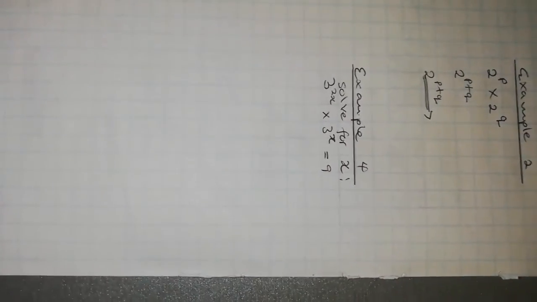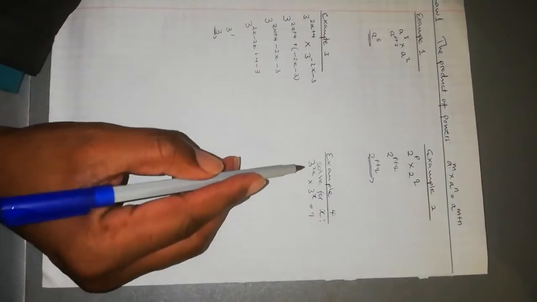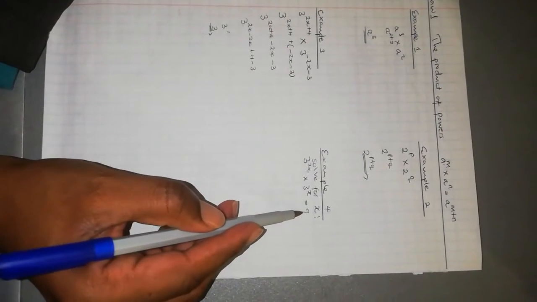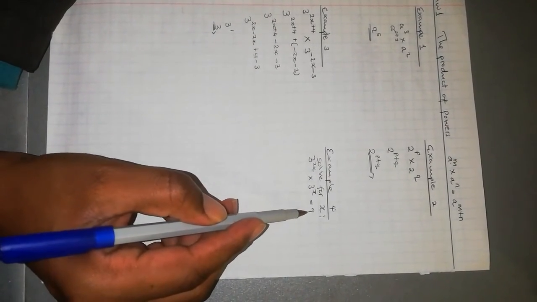Are we together, guys? Alright. We've got another example, which is example number 4. Example number 4 says solve for x. As you can see, we have the same base here, but there now the base is different. Are we together? So we're going to see what trick we are going to use there.